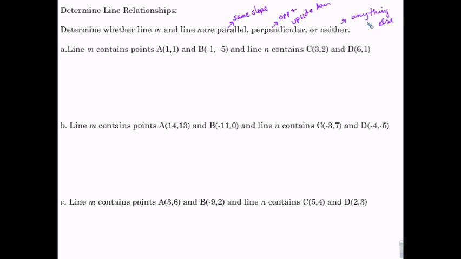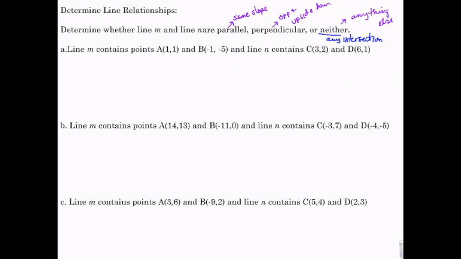Whenever it's neither, it's any intersection. So parallel is no intersection, perpendicular is an intersection at 90 degrees. Everything else is the neither.